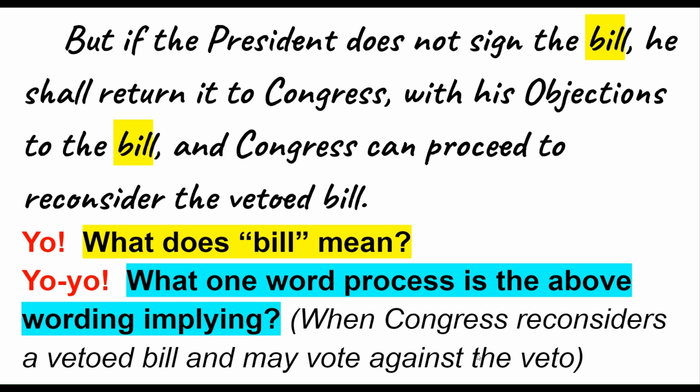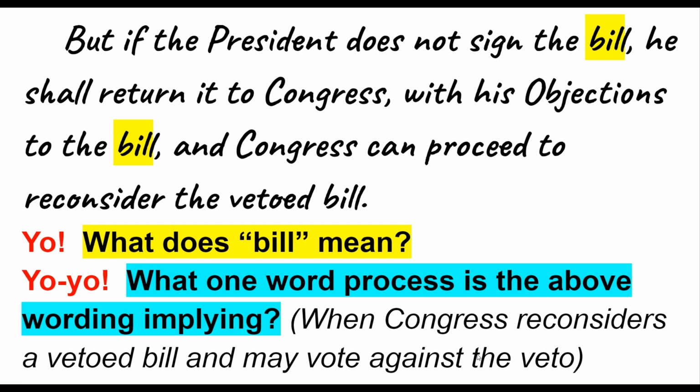So this is when the Senate and the House of Reps are both sending the exact same bill to the president to sign. After the comma, he, the president, shall return it to Congress with his objections to the bill, and Congress can proceed to reconsider the vetoed bill.